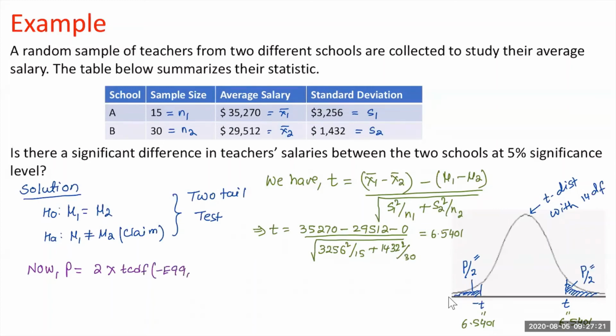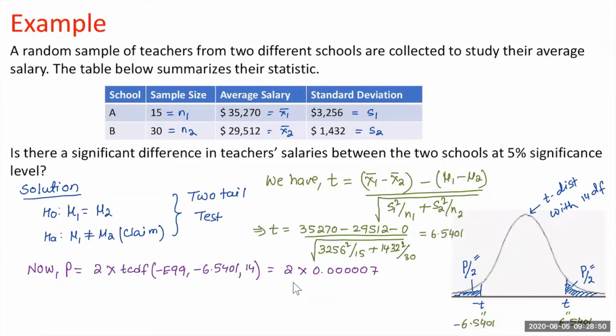Upper limit is, this is negative value, so negative 6.5401. And then we need the degree of freedom here. We have 14 degree of freedom, which is equal to 2 times. So if you use your calculator, let's see what we get. So this is what we get from calculator.